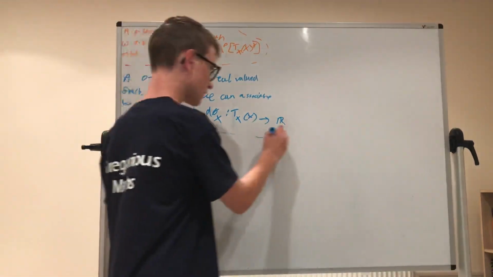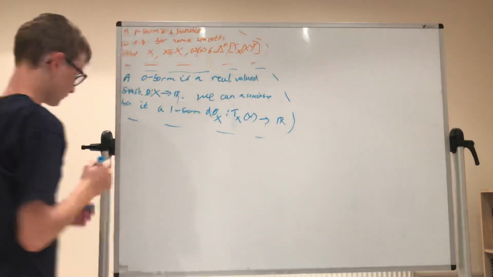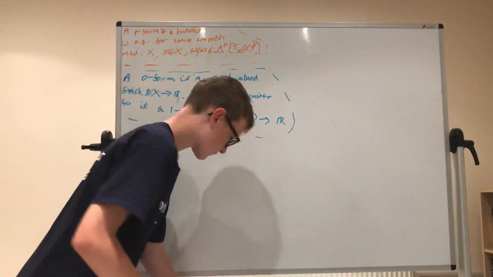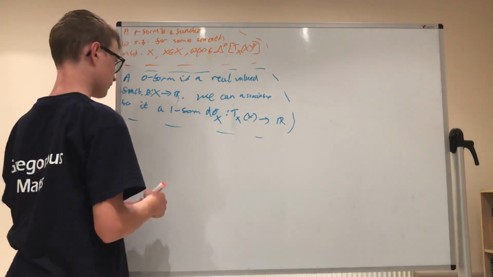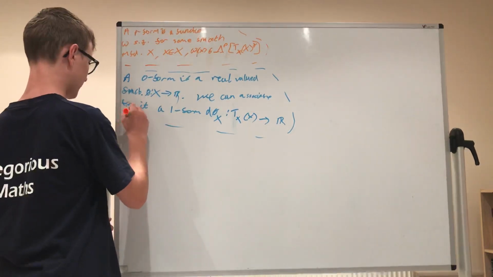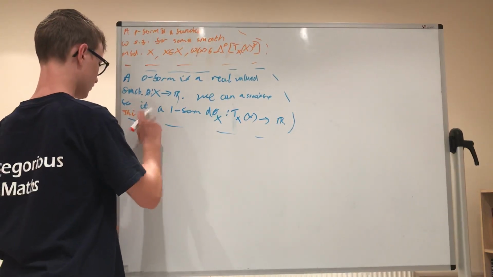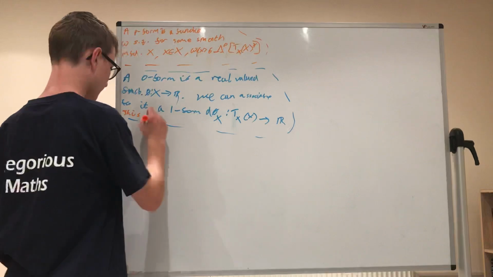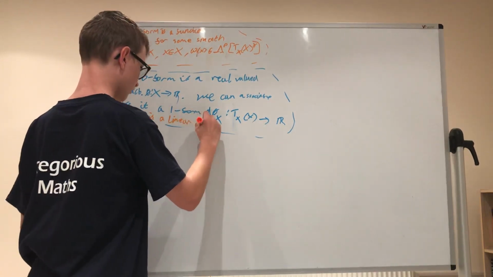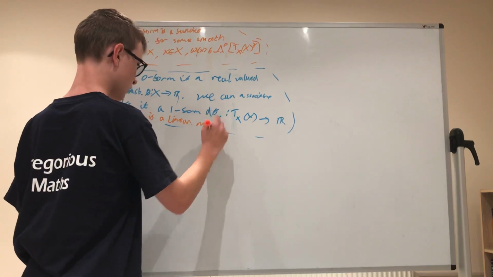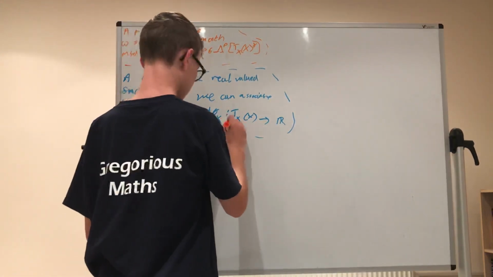Alright, so actually we can do this in general. For zero forms we can assign a linear map. So this 1 form is a linear map called the differential.